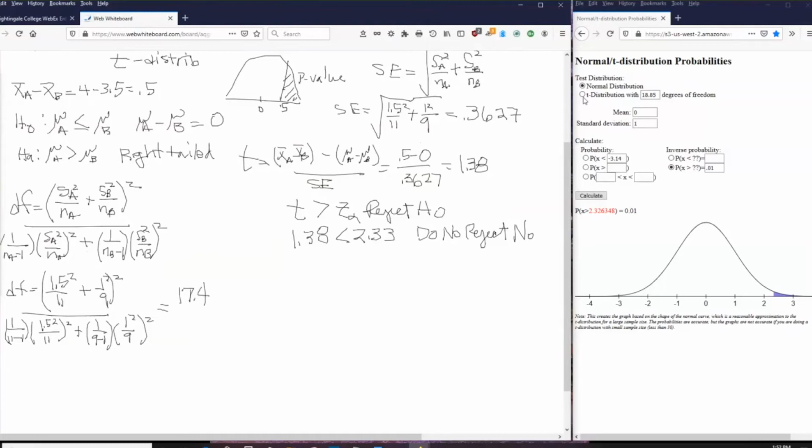So now I'm going to go to my online calculator. In my degrees of freedom I'm going to put 17.4. My mean is going to be 0. Standard deviation is going to be 1.